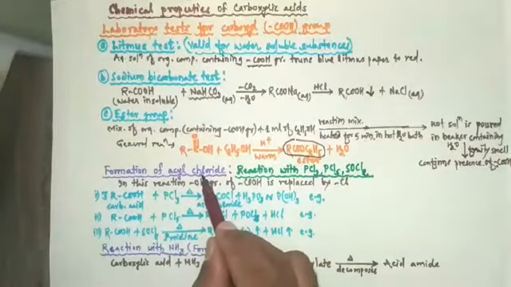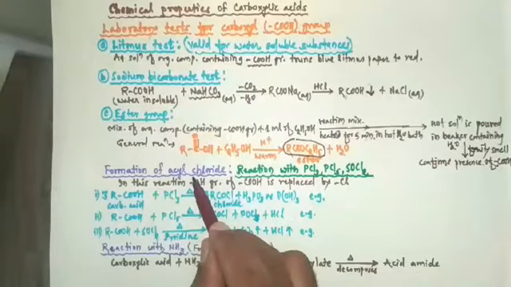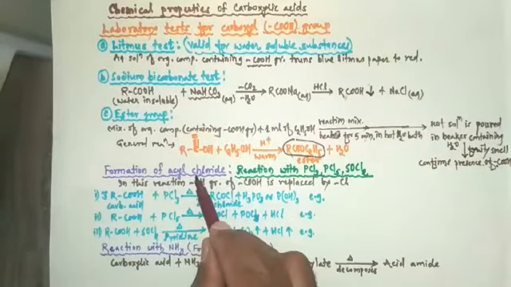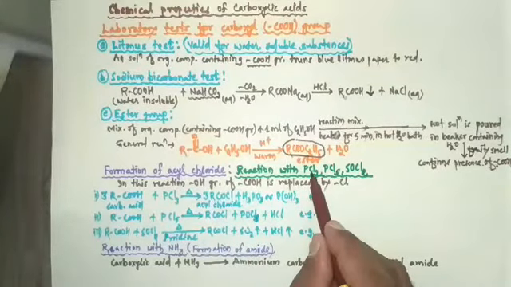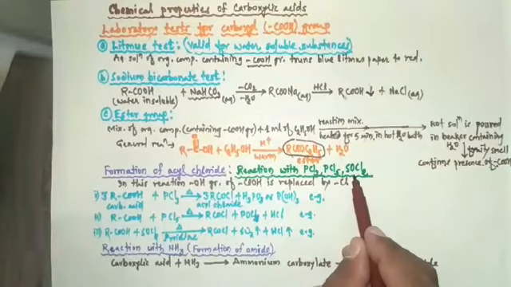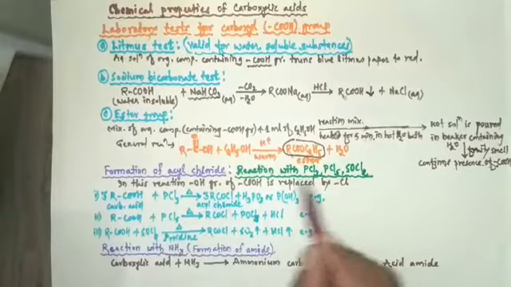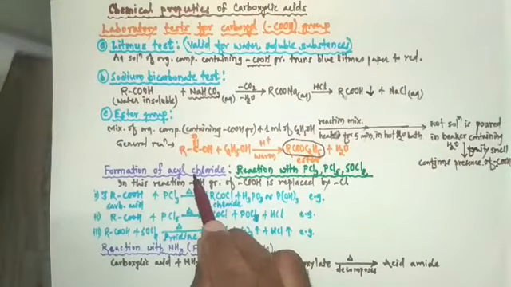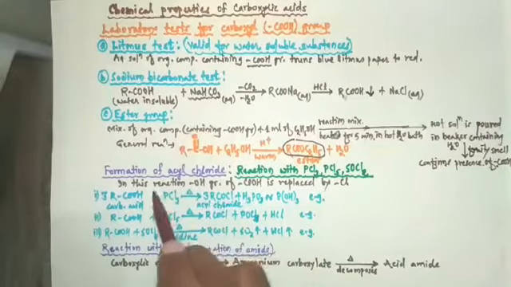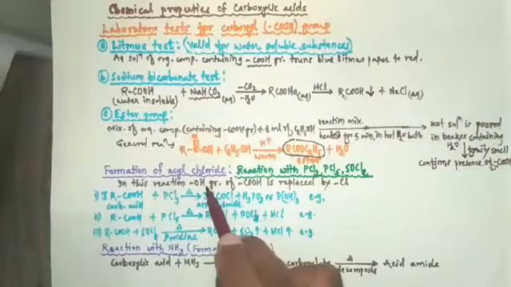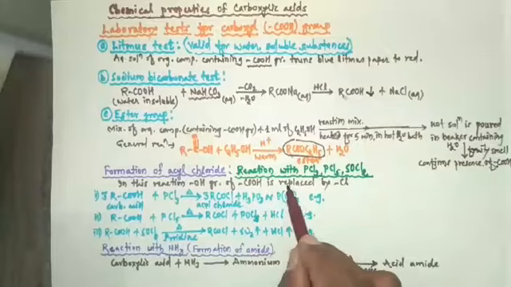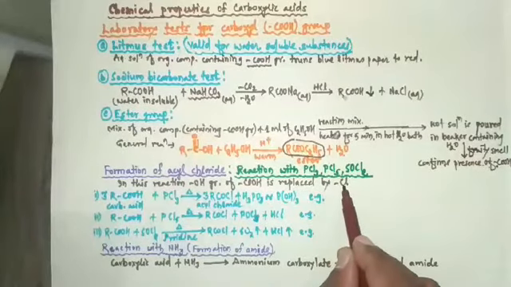When a carboxylic acid is heated with PCl3, PCl5 or SOCl2, it gives the corresponding acyl chloride. In this reaction, the OH group of the carboxyl group is replaced by a chlorine atom, that is Cl.